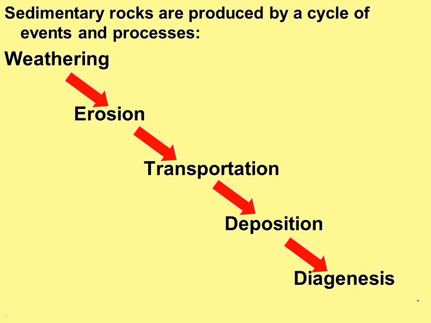Under a marine environment. Okay. Well, the transportation, if we use the Mississippi River as an example, dumps the sediment in a marine environment. Okay? And that's an interesting point. Sediments can accumulate and be deposited in freshwater environments, in lakes and in rivers.